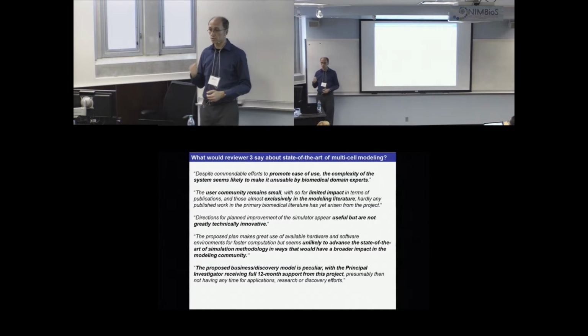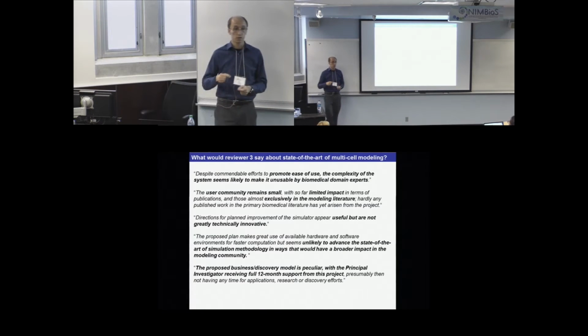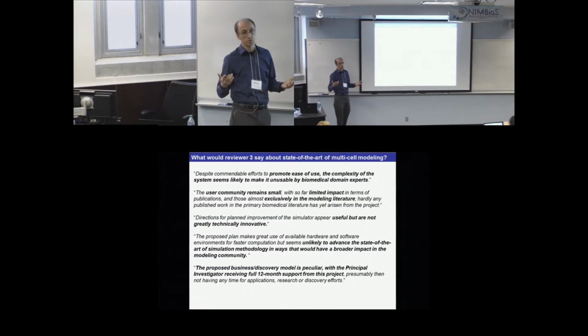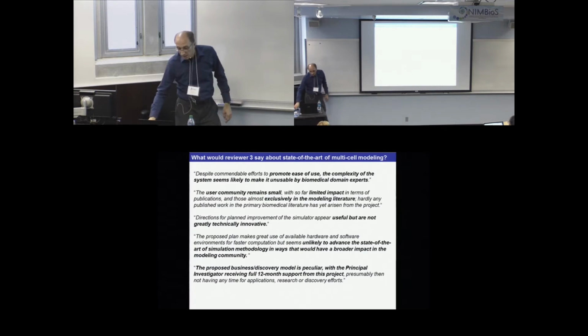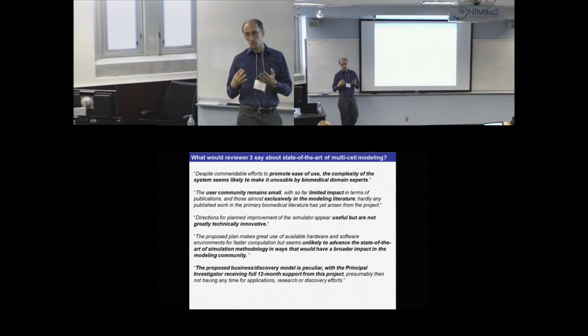There is a certain amount of expertise required to build models, just like there is for brain surgery or any other type of surgery. The next criticism: the user community remains small, with so far limited impact in terms of publications, and those are almost exclusively in the modeling literature. So what they say is that we are small, in a sense.